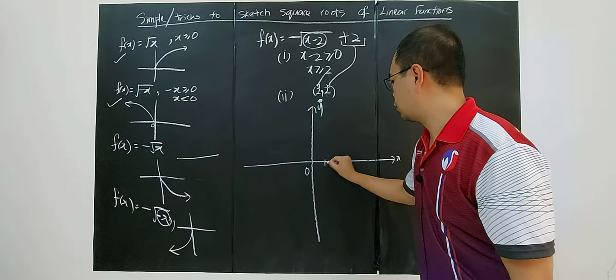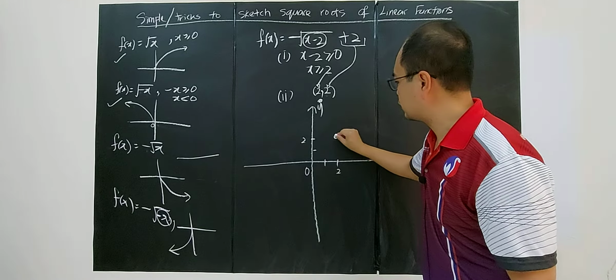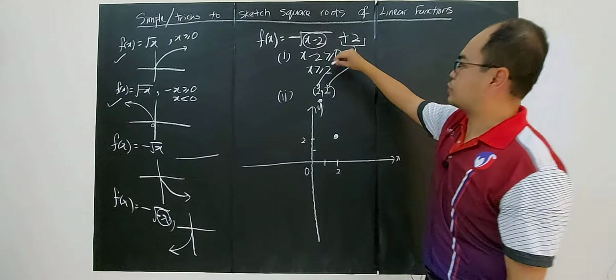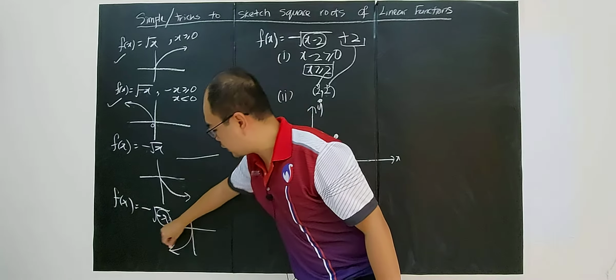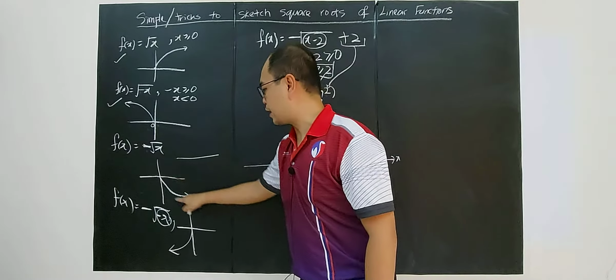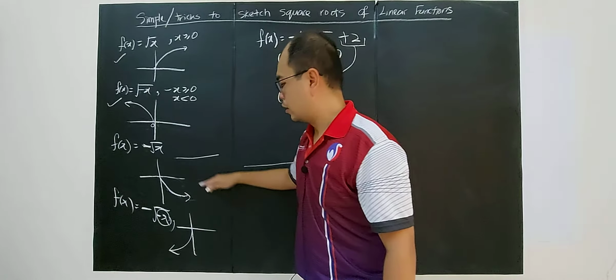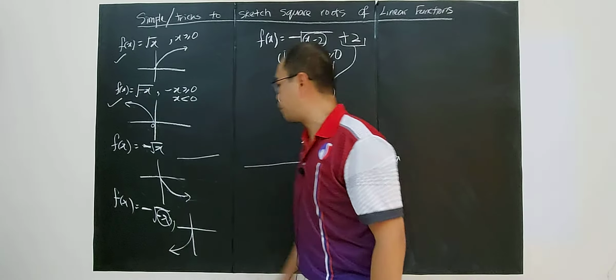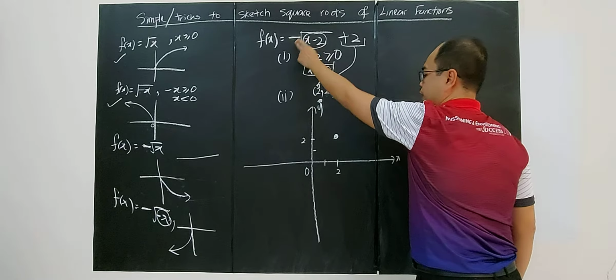The arrow here means it's either going this way or that way, because there is a negative here. Going down to the right or going down to the left depends on x being more than or equal to here, because there is a negative here.